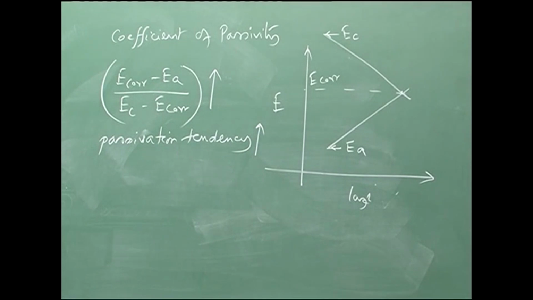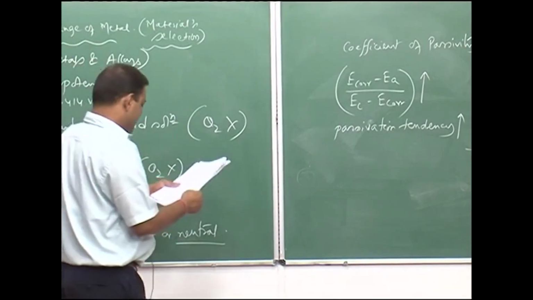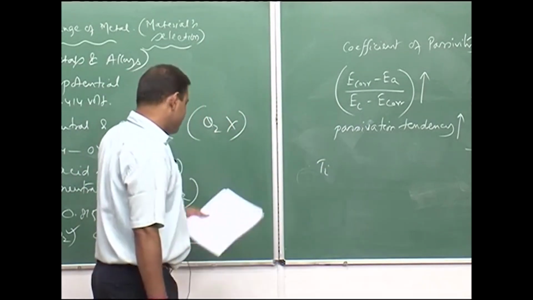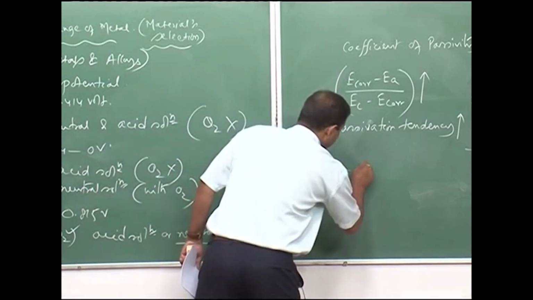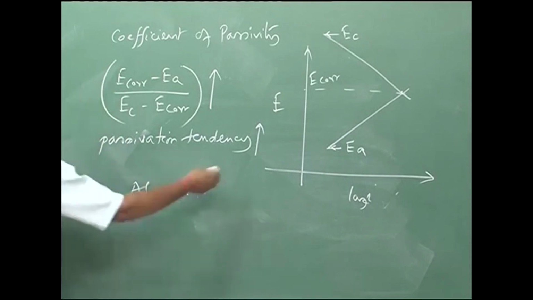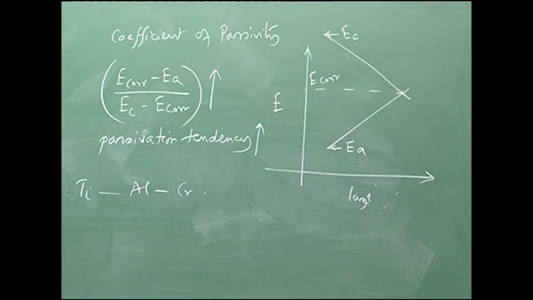This is one way to judge whether the metal has a passivating tendency or not, and we can see that titanium has the maximum passivating tendency compared to aluminum. Even aluminum is better compared to chromium. Like that you can categorize different materials or alloys as per their passivating tendency.